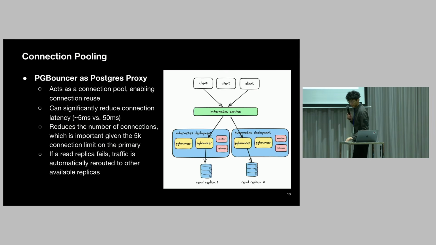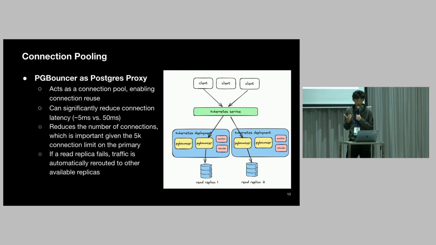Connection pooling. Previously we had some issues with running out of connections. That's why we have PgBouncer as a proxy layer. It acts as a connection pool and enables connection reuse.